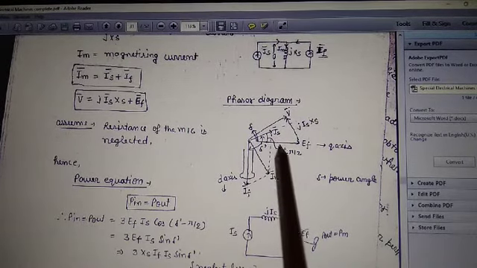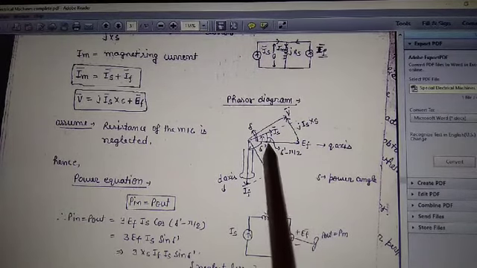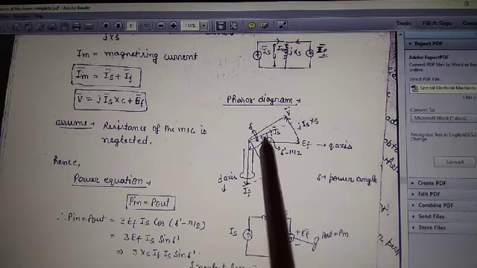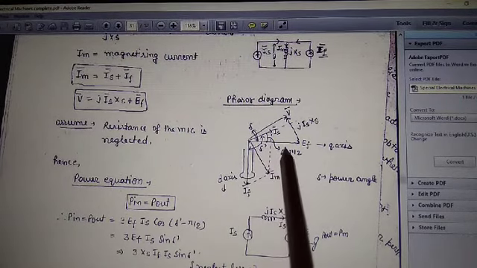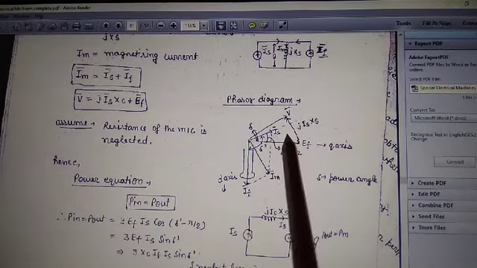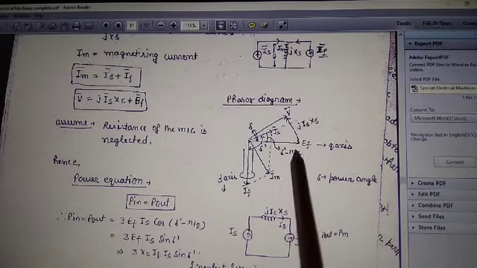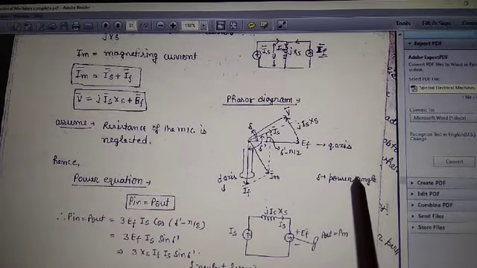The angle between IS and EF is delta prime minus pi by 2, because the angle between EF and IF is 90 degrees. This is delta, that means the torque angle or power angle.